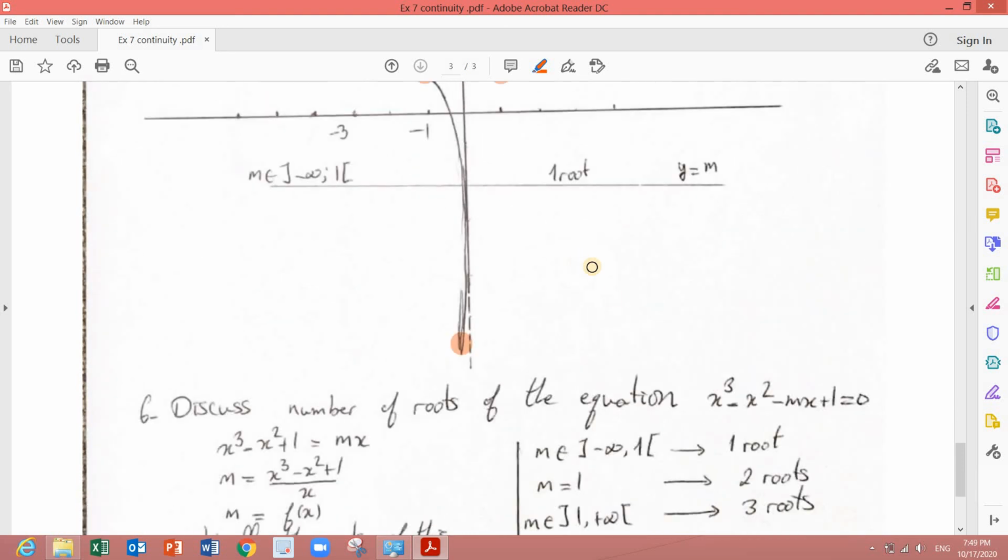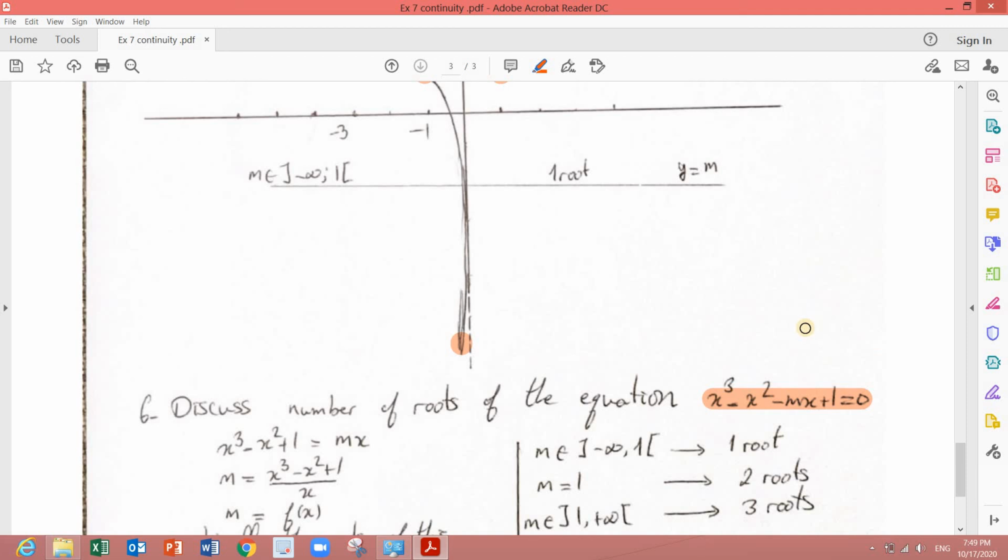The last part, we are going to discuss the number of roots of the equation x cubed minus x squared minus mx plus 1 equal to 0 according to the values of m. This is a third degree equation. We cannot solve it by calculation, so we have to solve it geometrically.